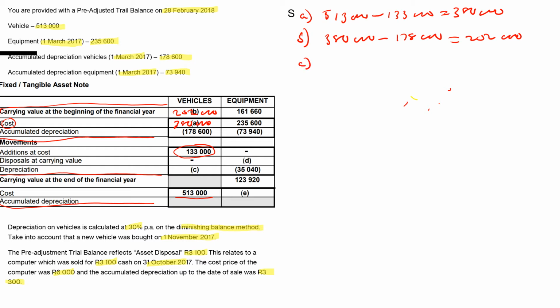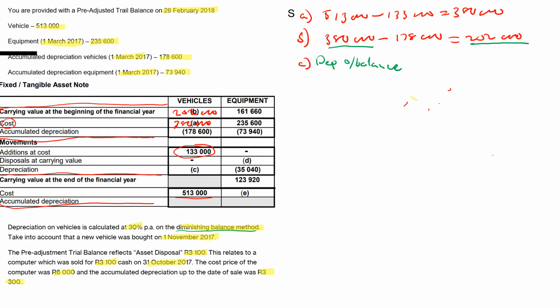Okay, so then we go to your C, depreciation. For C, there are two depreciations that we're going to calculate, and they're using the diminishing balance method. So you have depreciation on the opening balances, which will be the amount that we got here, or to be simple, the carrying value, times 30%, because they say they're using 30% per annum.